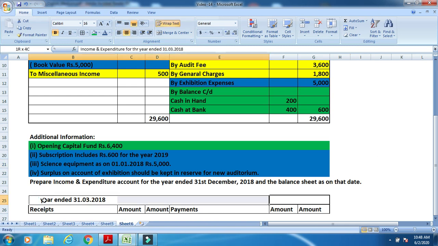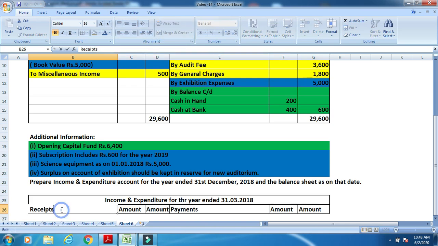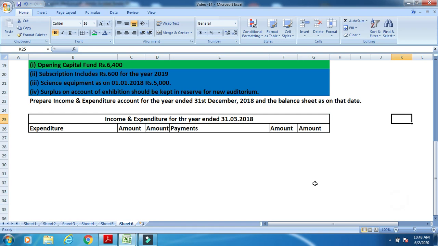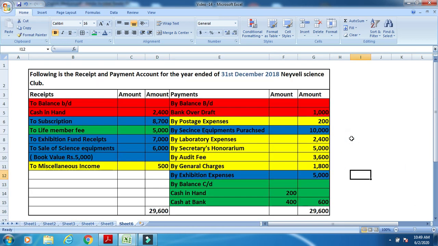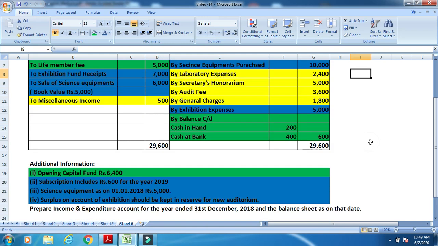Next, change the title. Here, expenditure is on the debit side and income is on the credit side. Credit side will be written as income. From the receipt and payment account, whatever is highlighted in yellow is mentioned in the income and expenditure account.